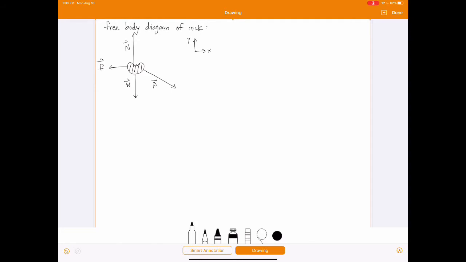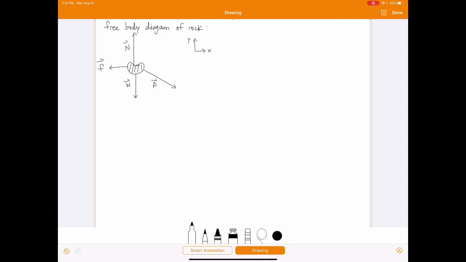That's going to be our horizontal and vertical motion. We notice that the weight is only in the y direction. There's no x component. Same with the normal force. When it comes to friction, there's only an x component, no y component. But the force P has both x and y components, because it's at this angle.